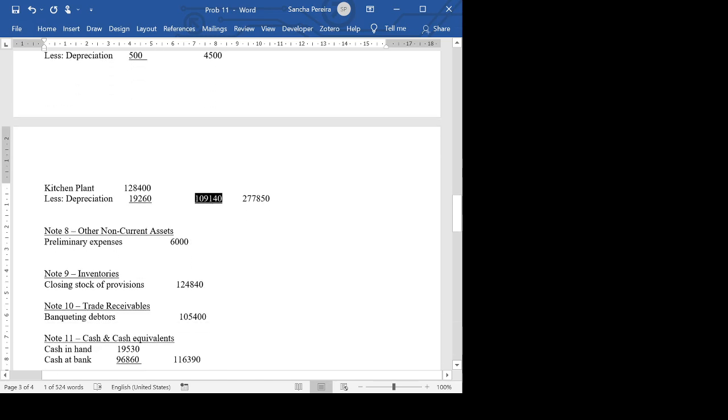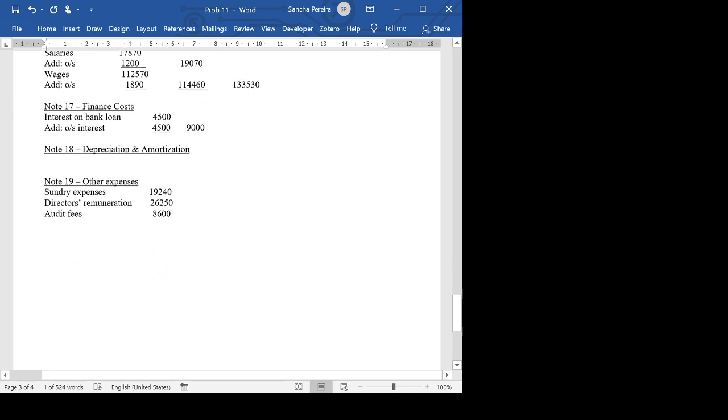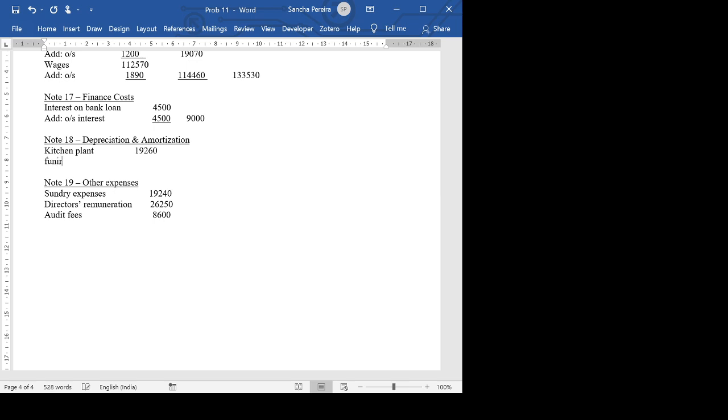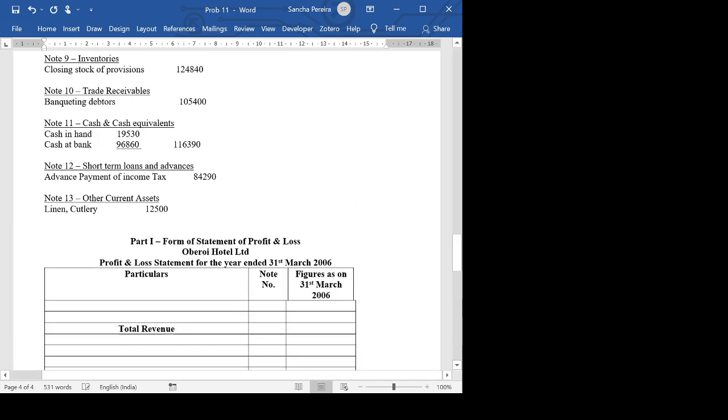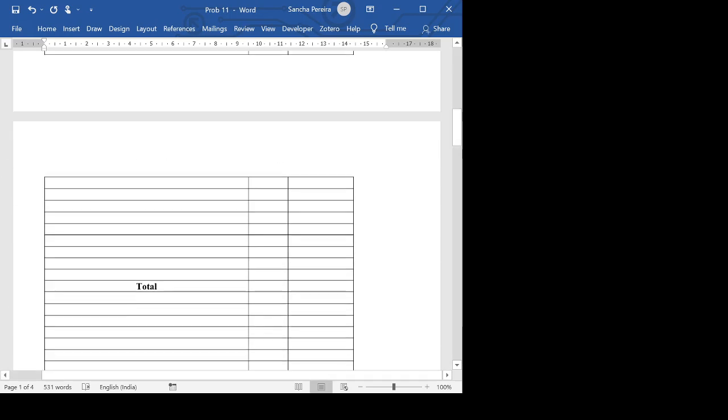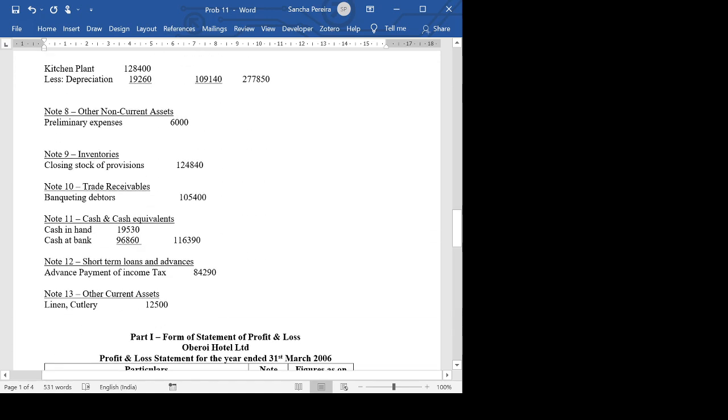Similarly, we need to write this in the depreciation and amortization. Furniture, it's 500. Kitchen plant, 19,260. And we also have linen and cutlery. They've told us something about linen and cutlery. The new value of linen and cutlery is 10,000. So for the depreciation, we'll have to check what the old value is here.